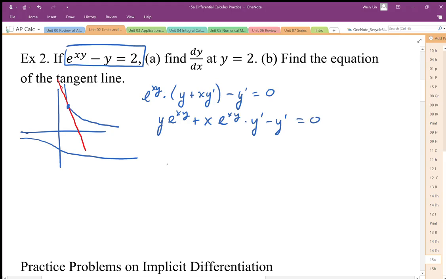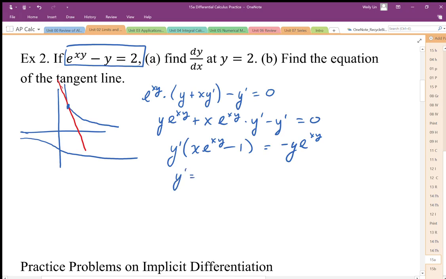Group together the y primes. So this is y prime times x e to the xy minus 1, and then I can move that other term to the other side. This becomes negative y e to the xy.